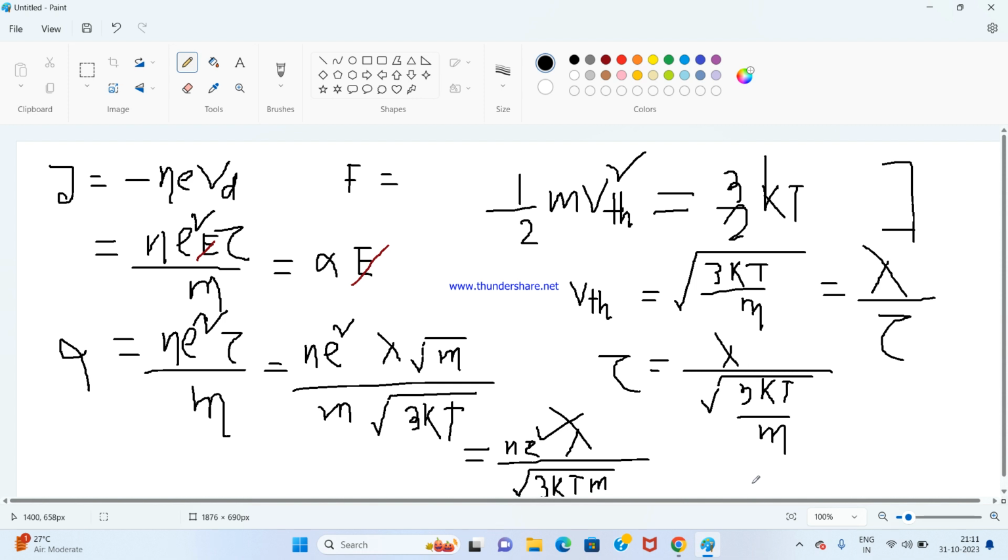For a particular conductor, a particular volume of conductor, even if considered with some external circuit, n, e square, lambda, k, m are all constant. So the electrical conductivity is proportional to the square root of the absolute temperature of the metal.